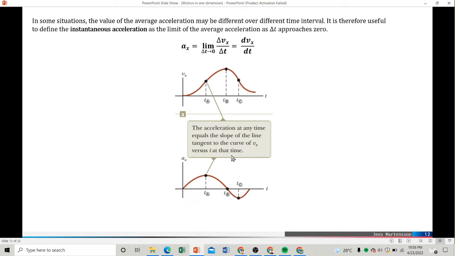So when representing the acceleration-time graph, it is a matter of the rate of change, the slope in our velocity-time graph. The degree of slope created in the vx-t graph matters for the acceleration-time graph.